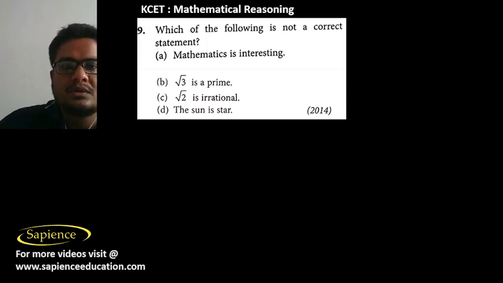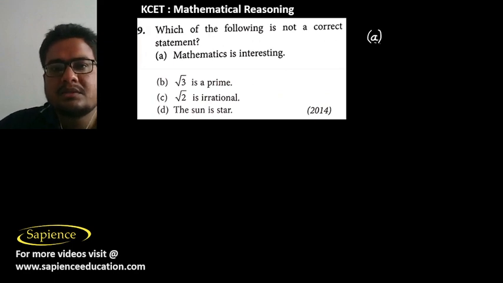Which of the following is not a correct statement? Mathematics is interesting, root 3 is a prime, root 2 is irrational, the sun is a star. So for the statement A, mathematics is interesting. Mathematics can be interesting for some persons, and for some other persons it may not be so interesting.